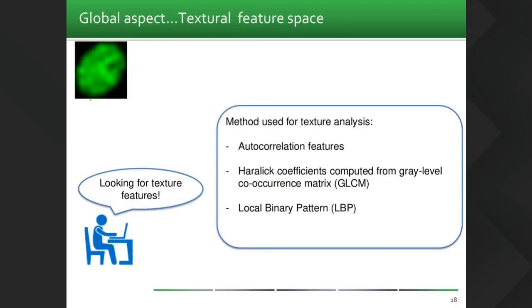There are a lot of methods that characterize texture inside a given image. We used in our study three standard methods usually used to characterize texture: the autocorrelation, the gray level co-occurrence matrix, and the local binary pattern. I will pass quickly over them.